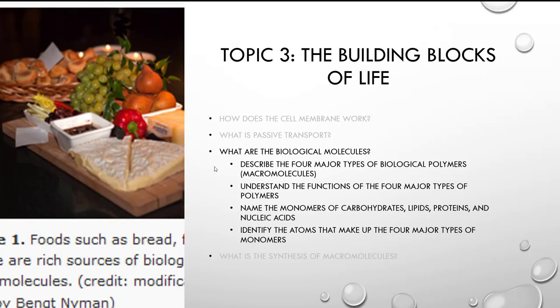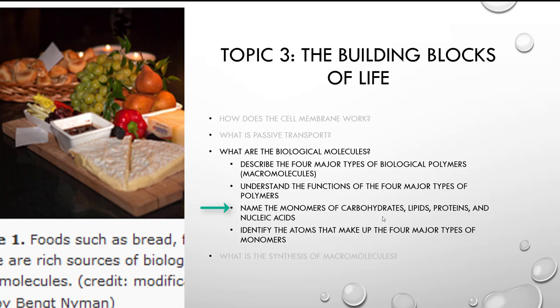All right, that's it for part 3 of our topic 3, the building blocks of life. So now you should be able to answer the learning objectives. You should be able to describe the 4 major types of biological polymers, our 4 macromolecules, as well as understand their functions. You should be able to name the monomers of the carbohydrates.